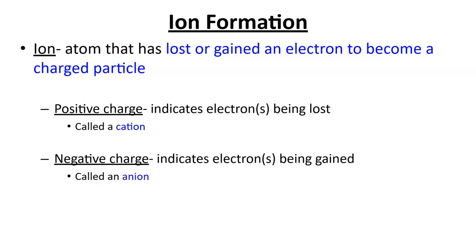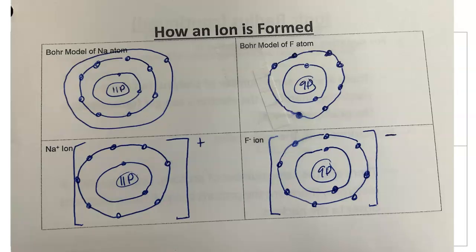We can see this best by looking at a couple Bohr models. So here's a Bohr model for a sodium atom, electron configuration of 2, 8, 1. When it loses one of its electrons, that outer ring remains empty. Okay, so that third ring is still there. Perhaps you want to draw it on your picture. And it's lost that electron.